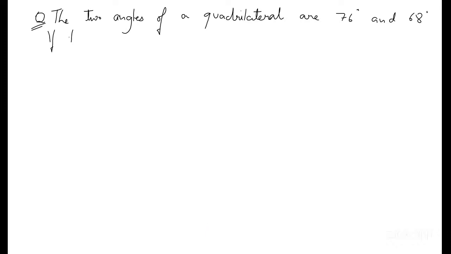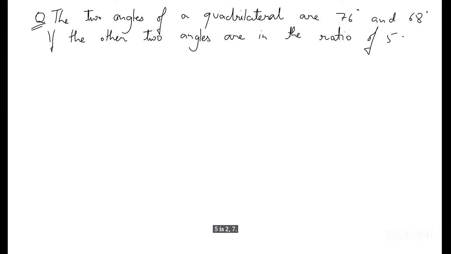If the other two angles are in the ratio of 5:7, find the measure of each of them.